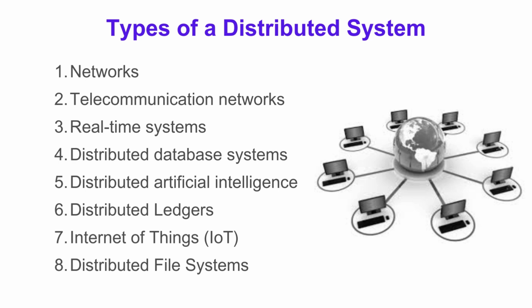A distributed database system can be either homogeneous or heterogeneous in nature. A homogeneous distributed database uses the same database management system, and if it is heterogeneous, it uses different types of database systems. And then we have distributed artificial intelligence.